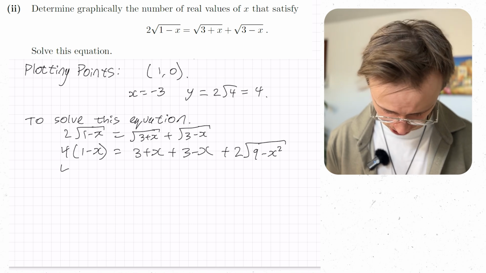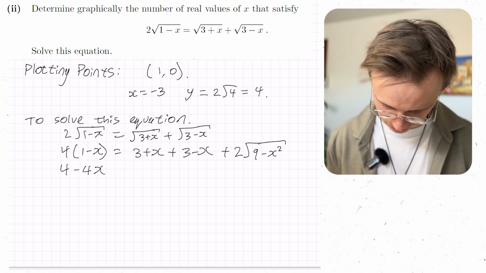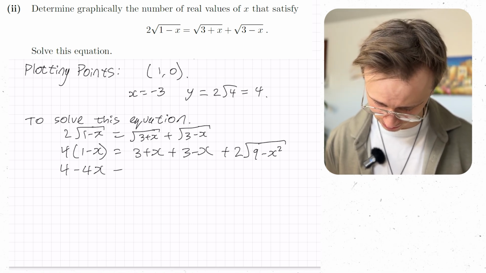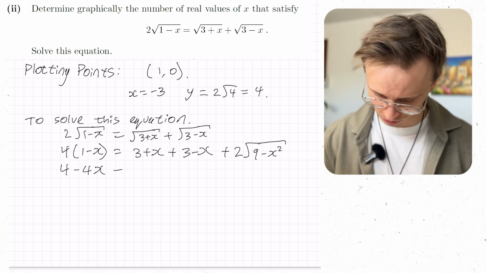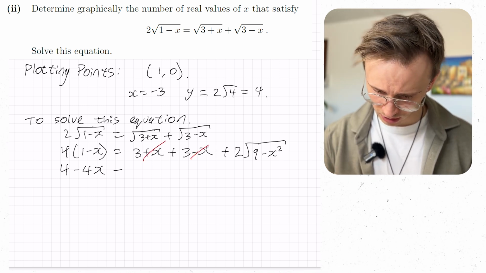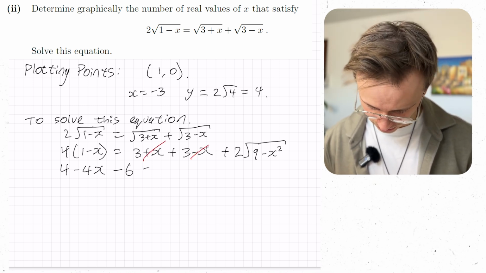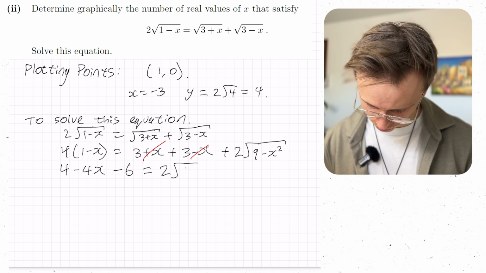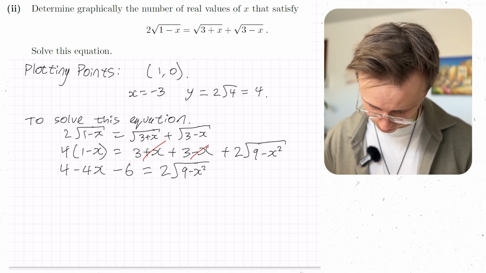Okay, so then rearranging, 4 minus 4x, bring all these to the other side, they cancel out, just notice that, minus 6 equals 2 root 9 minus x squared.